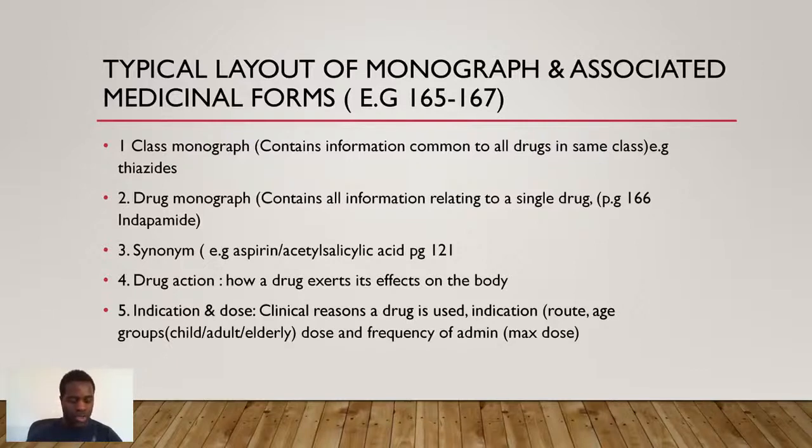Make sure you read this part first. You read the class monographs first when you're going through your BNF, and then you move to the second one, which is your drug monograph. Your drug monographs contain all the information about a specific drug, so they focus on a single drug. So first you want to read about the class, then you read about the single drug you're trying to study.